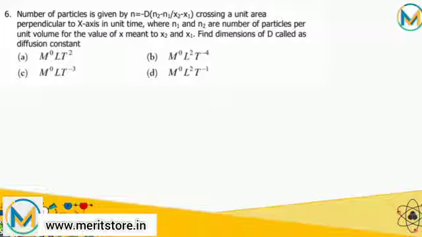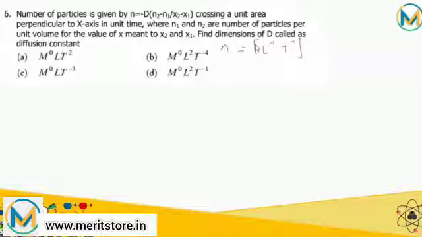Find the dimension of D, the diffusion constant. We know that this small n is the number of particles crossing a unit area in unit time, and its dimension is L raised to minus 2 T raised to minus 1.